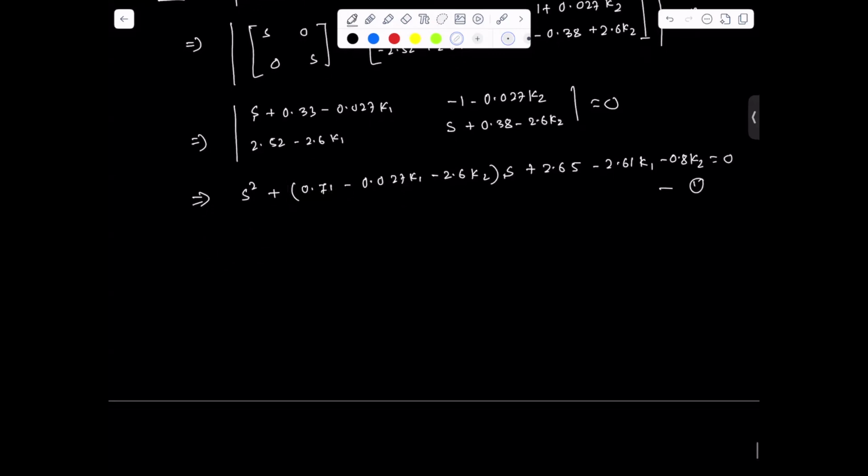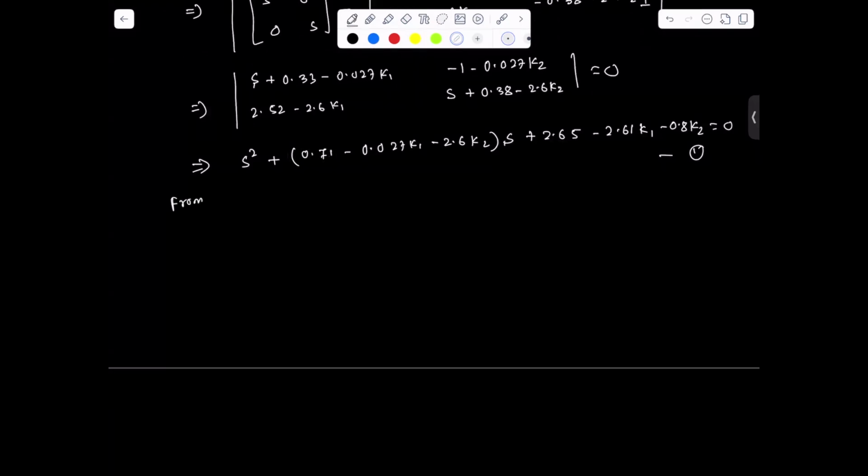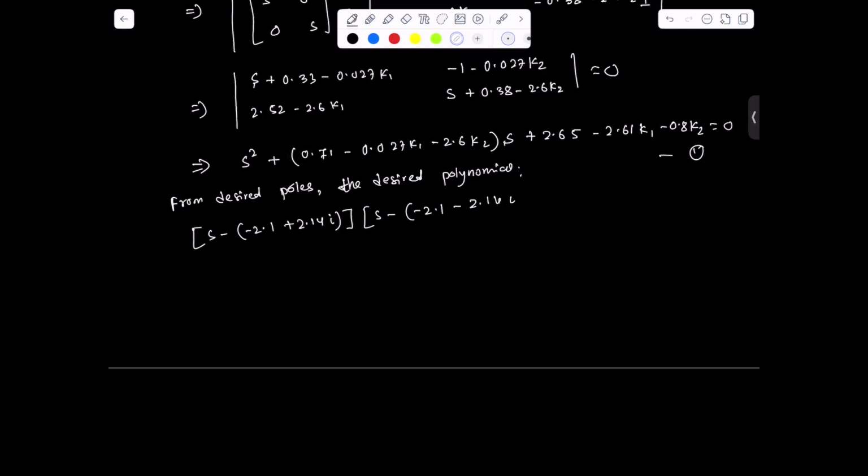Now also from the desired poles, we have the desired dynamics. From the desired poles, we can form the desired polynomial: s minus (minus 2.1 plus 2.14i) and s minus (minus 2.1 minus 2.14i) equal to 0.